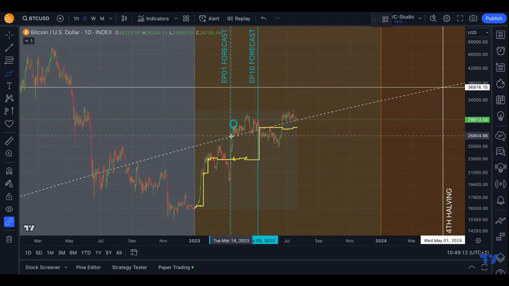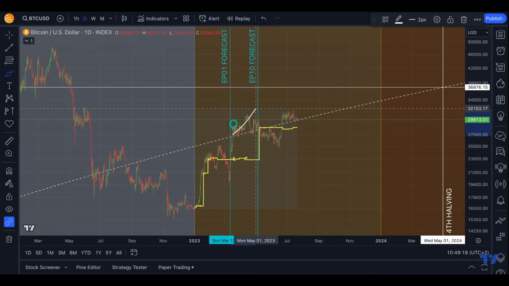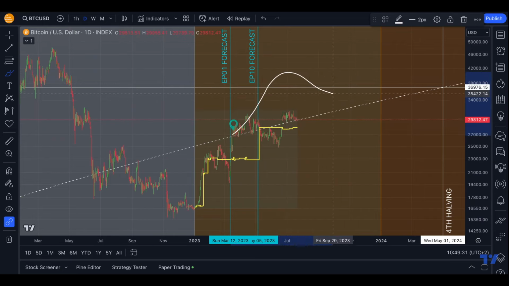So we had projected that we would continue this meteoric rise up towards and above the future halving price into the middle of this year, and then start a slow decline back down to the jet stream towards the end of the year.